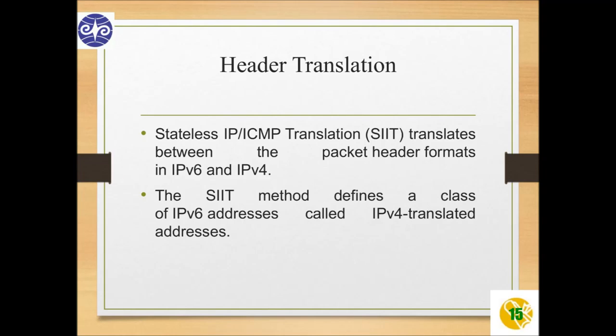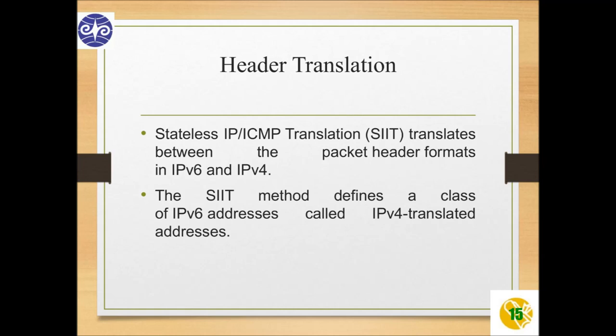So this header translation scheme is used for the translation of headers because IPv4 contains its header and IPv6 also contains its header, while data transmission will be between IPv4 and IPv6 based networks. Header translation is also compulsory. So header translation is done with the help of a header translation mechanism or scheme. Second point, the SIIT method defines a class of IPv6 addresses called IPv4 translated addresses. Different addresses are used for the header translation mechanism.